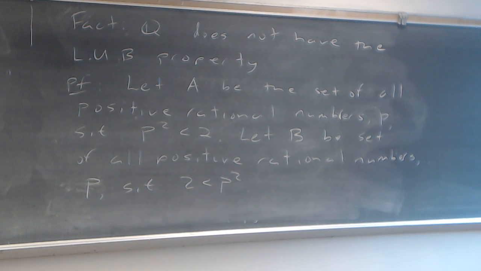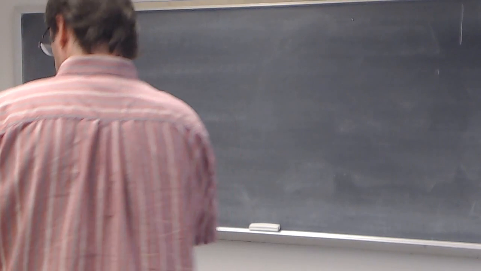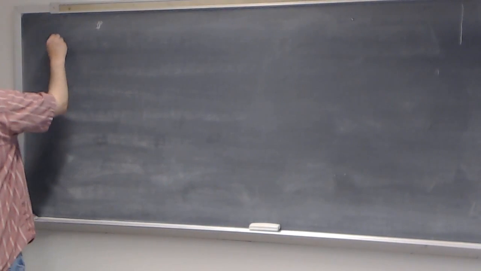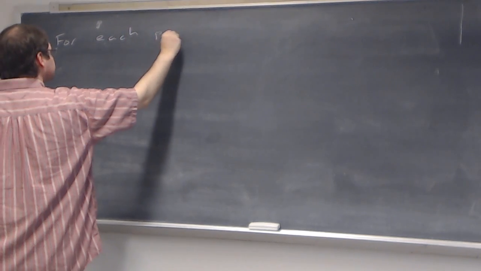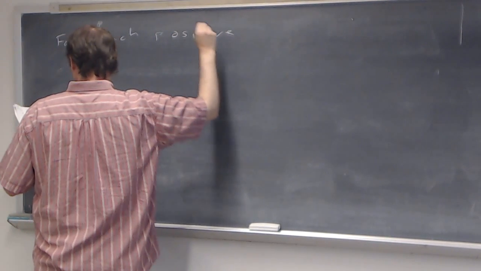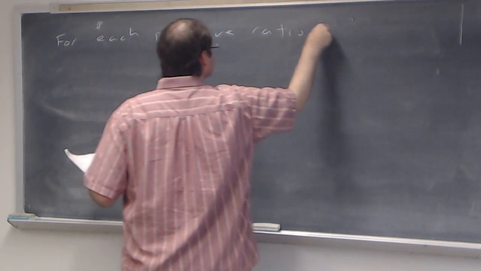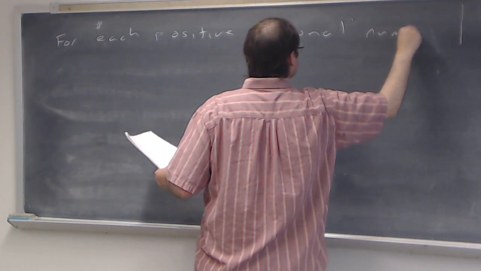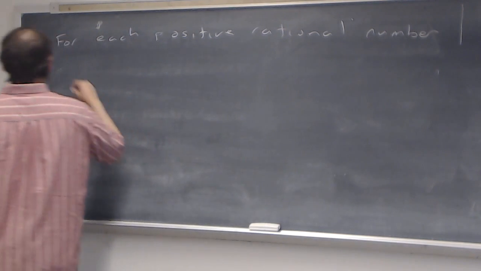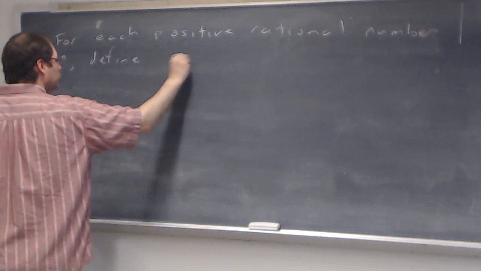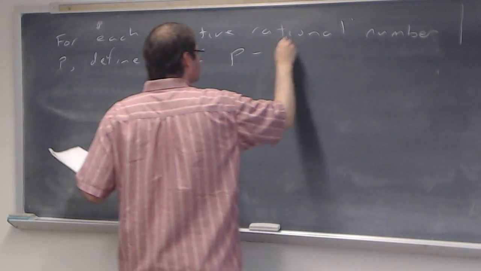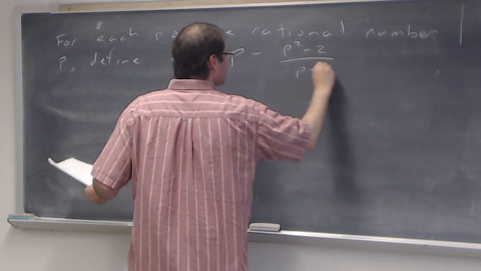Now, what we're going to do next is define another rational number. So, for each positive rational number P, define Q equal to P minus (P squared minus 2) over (P plus 2).